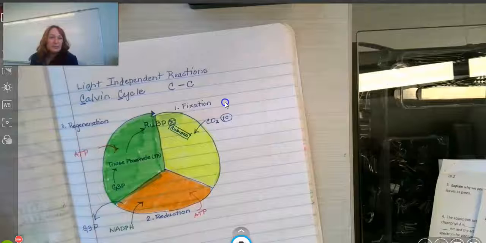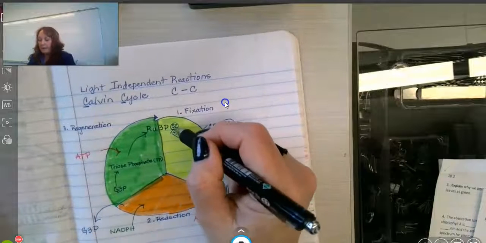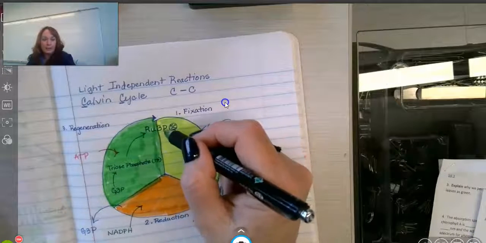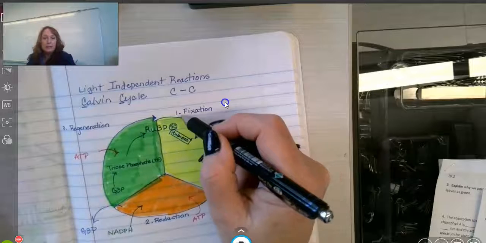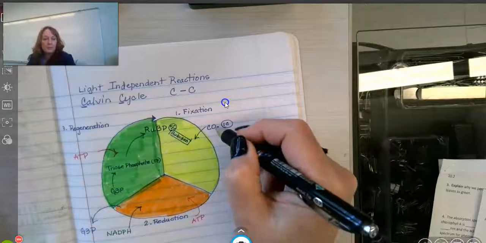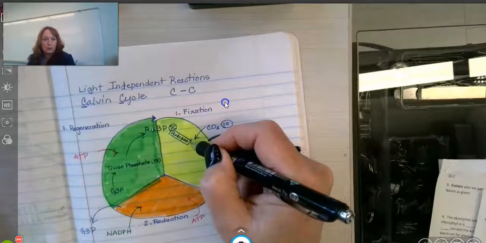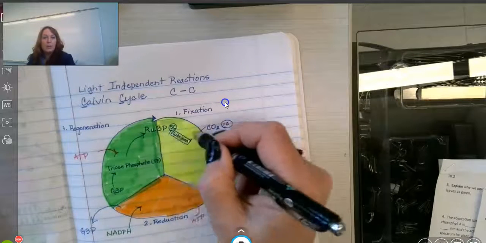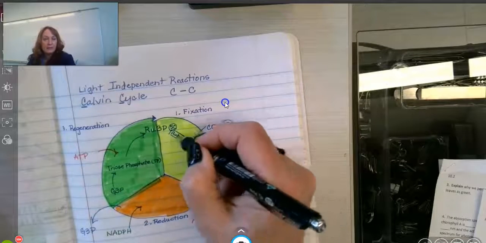I think sometimes when we make things simple, it's kind of crazy. So you start with this 5-carbon molecule RuBP, and the first step is to bring carbon dioxide from the atmosphere into this cycle. Let Rubisco combine or fix the two.